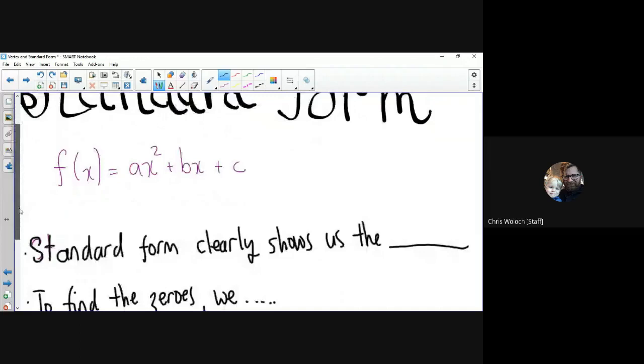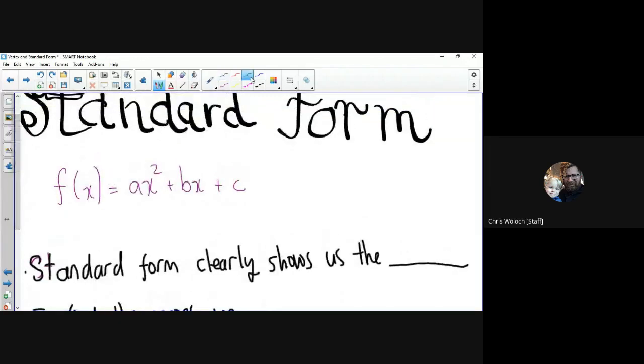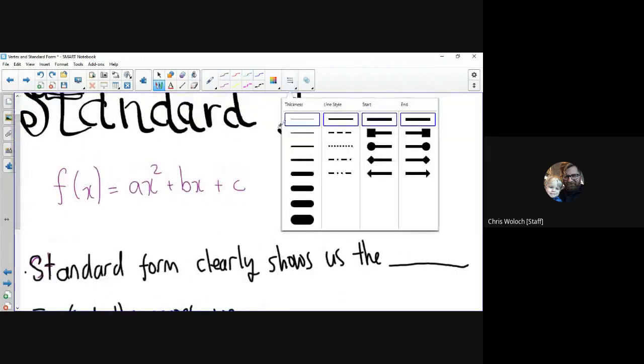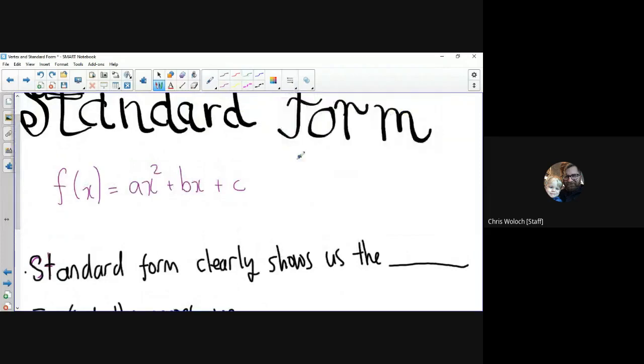Now again, I'll just write this here in small letters, right? So we do know a: if a is bigger than 0, then it opens up, and if a is less than 0, then it opens down. But there's really nothing much else.